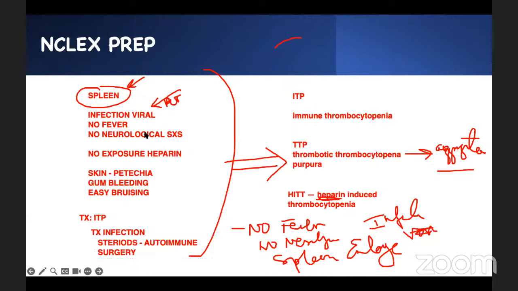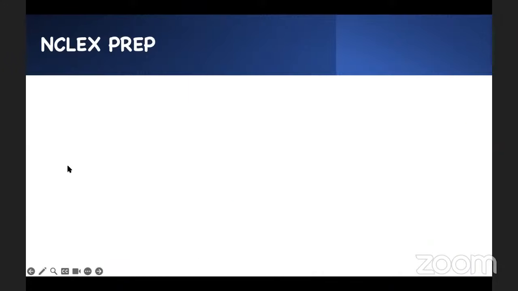When I remove your spleen, I have to give you vaccination. This is number one. Before the patient leaves the hospital, you have to give them vaccination because of encapsulated organisms, like Haemophilus influenzae and pneumococcus.